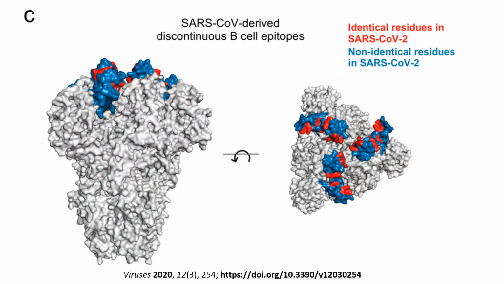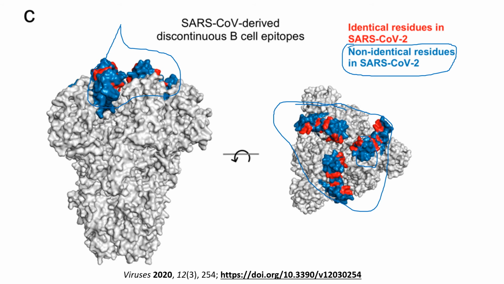When they looked at the SARS-CoV-2 epitopes, what I want you to see is that they have identified in blue sequences within the receptor binding site of the S protein. All the blue pieces in there are epitopes, or pieces of protein, that are non-identical in the SARS-CoV-2.